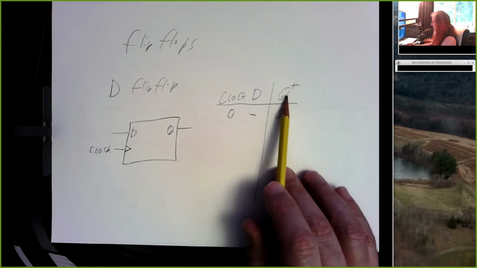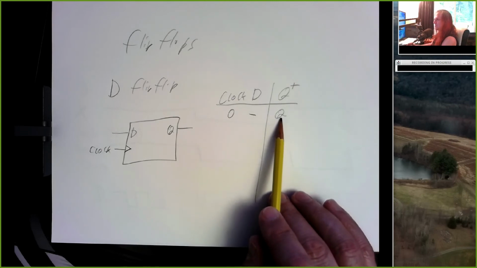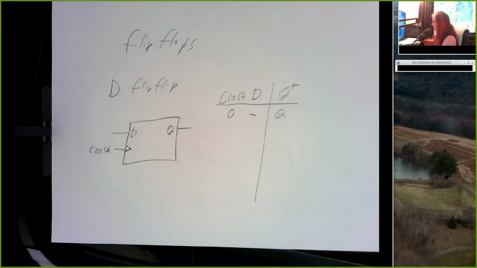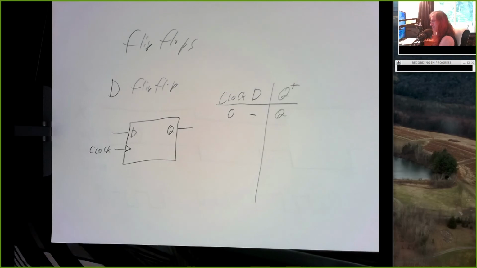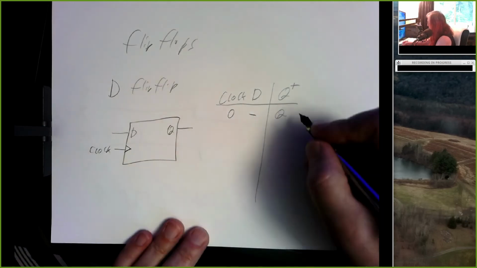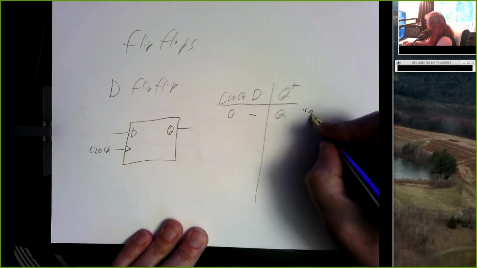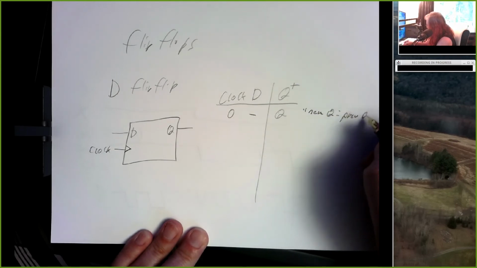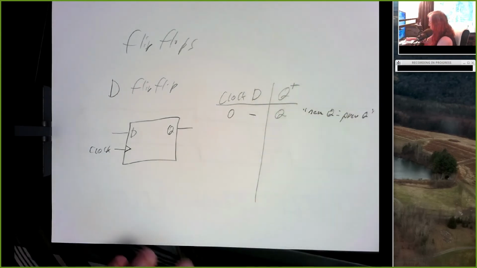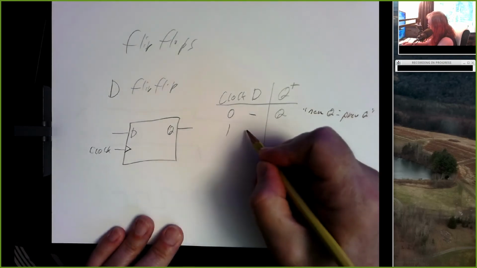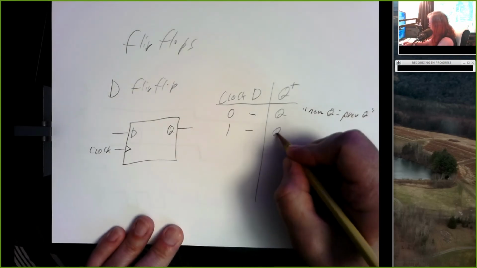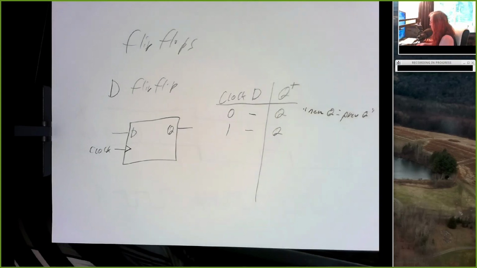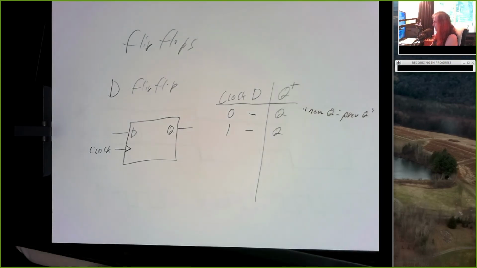The new value of Q is going to be the same as the previous value of Q. So this is like new Q equals previous Q. If the clock is a 1, the D input doesn't matter. The new value of Q is still the same as the previous value of Q.